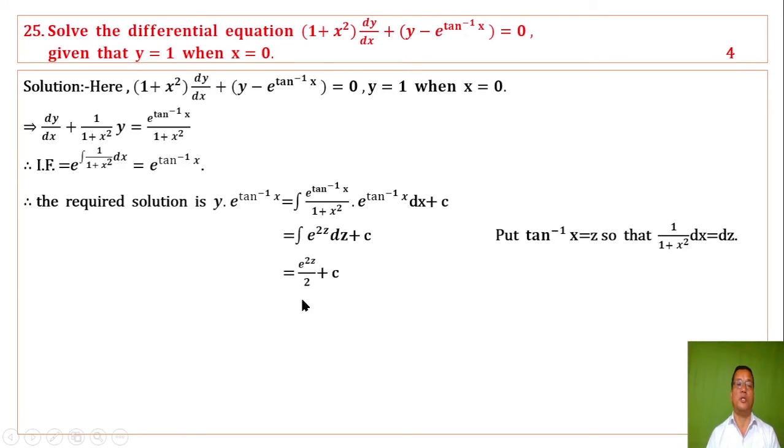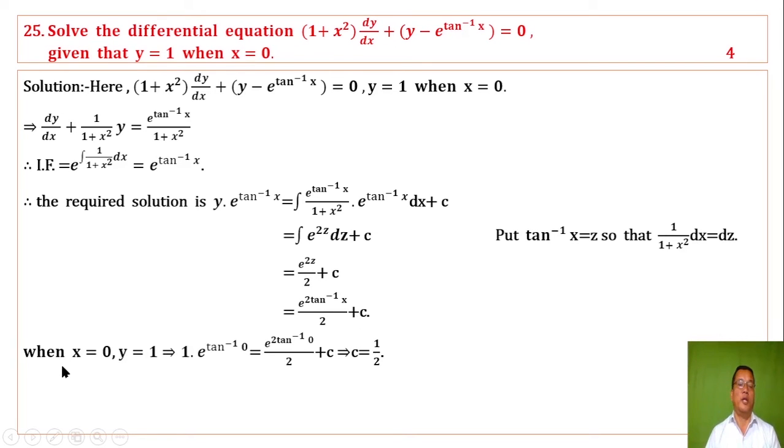We have this, whose integral is e to the power 2z by 2 plus c, but the value of z is tan inverse x. When x equal to 0, y equal to 1, put these two values in the above solution, we have c equal to half. Therefore, the particular solution is this.